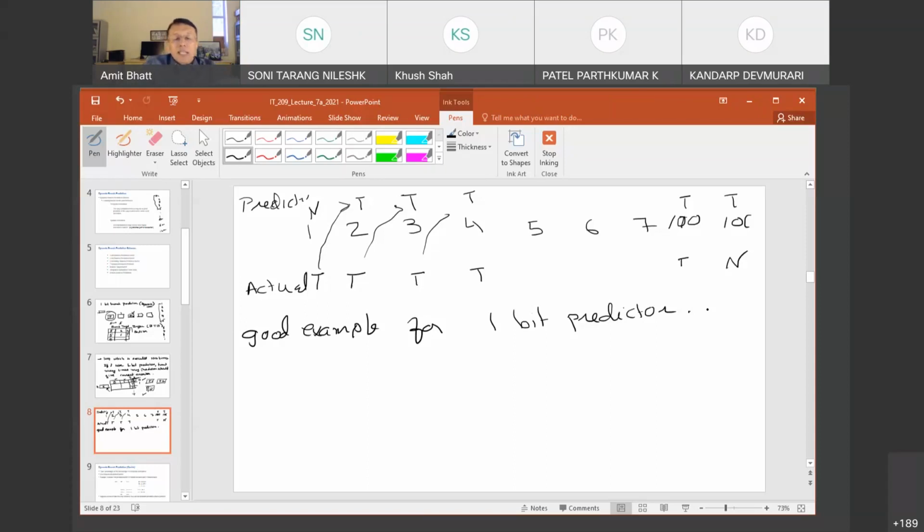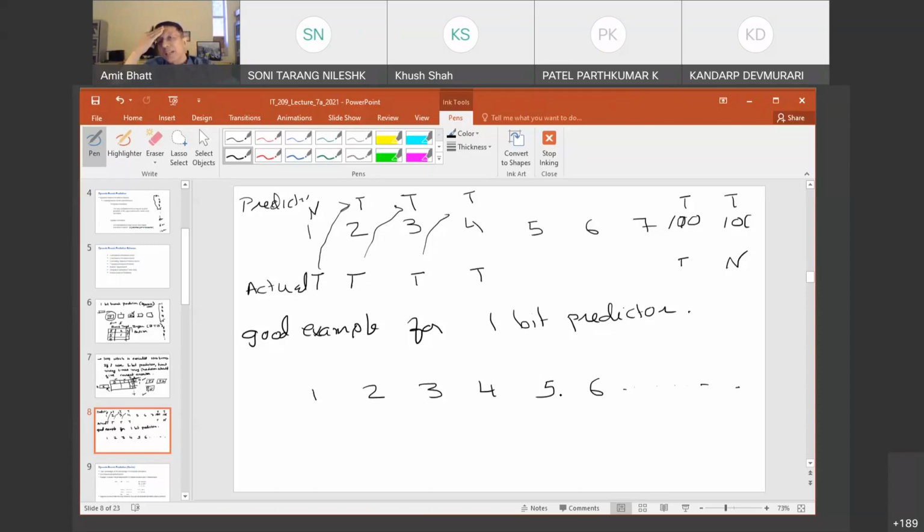So let us say, as Tarang said, that I'm doing a loop, and this loop is taken 100 times. This is loop number 1, loop number 2, loop number 3, and so on and so forth.